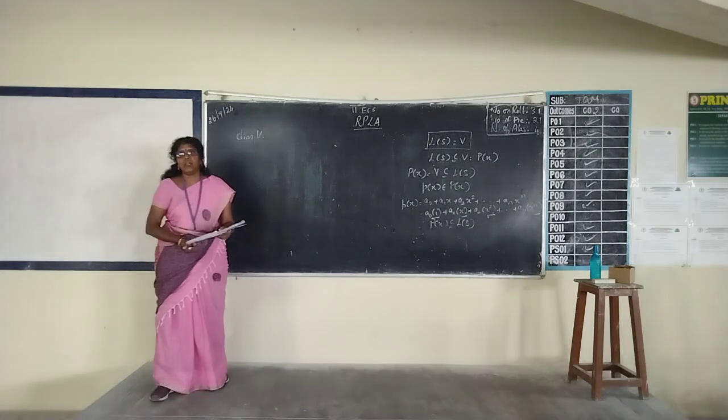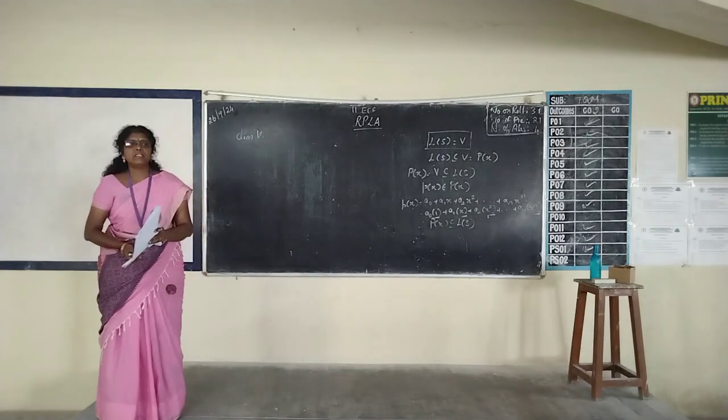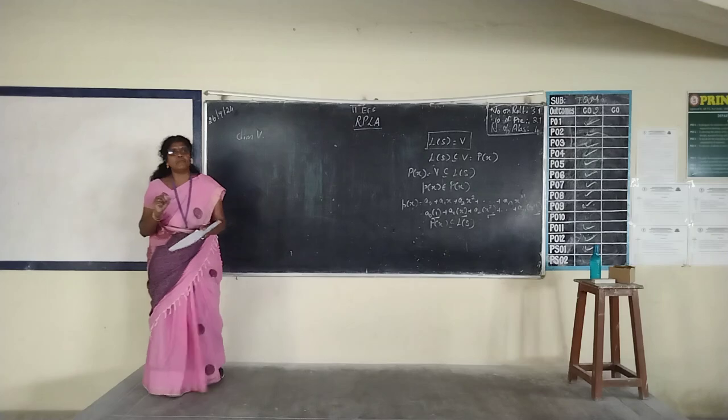What is the dimension of V? The number of elements in the basis of V is called the dimension of V. Okay.